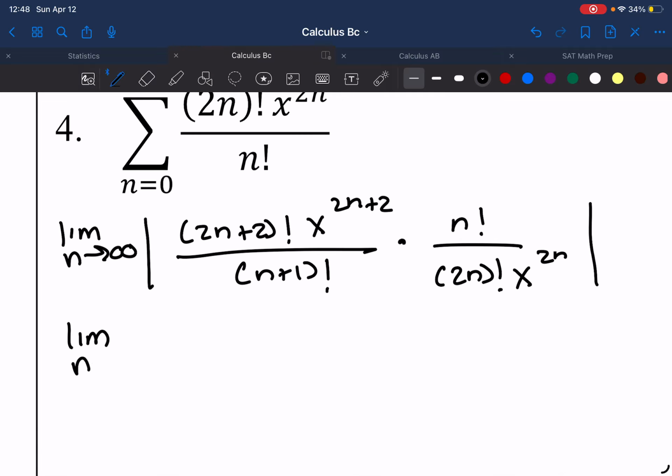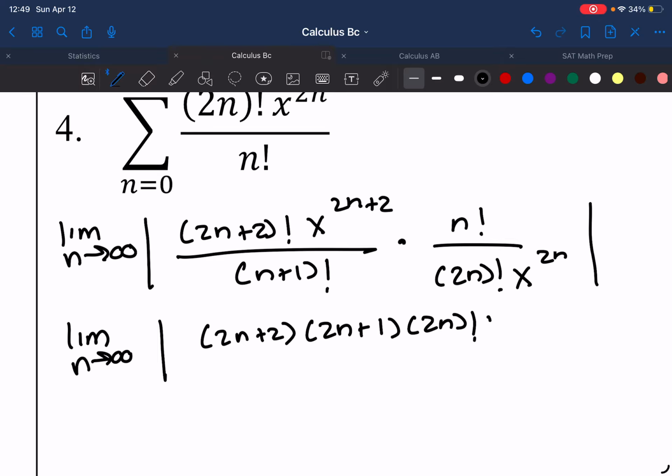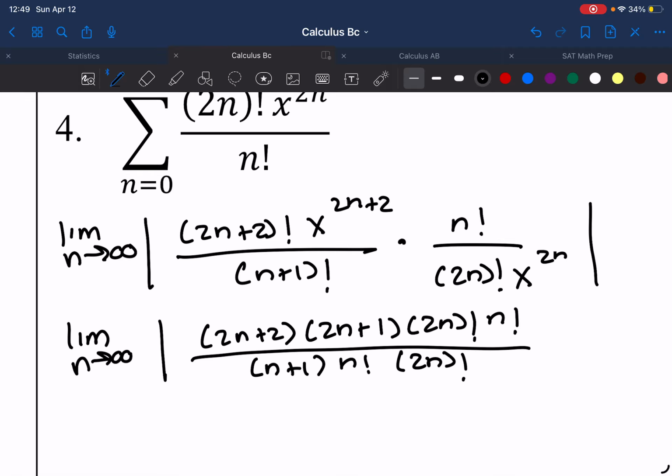Simplifying this, I get the absolute value of (2n plus 2) times (2n plus 1) times (2n) factorial times (2n) factorial times n factorial, all over (n plus 1) times n factorial times (2n) factorial.